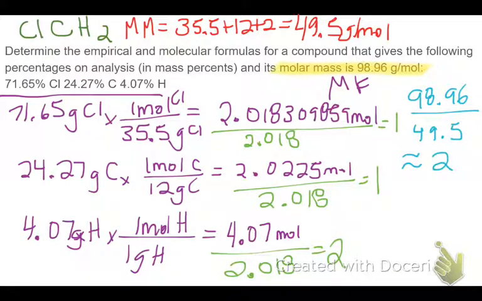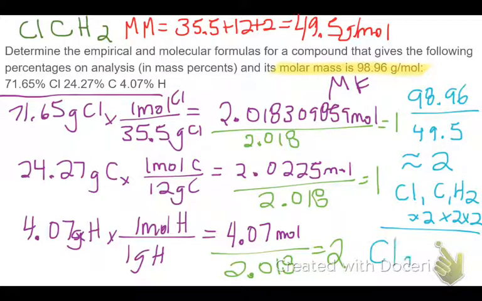So our multiple that we're going to multiply to the empirical formula is 2. So what does that look like? We have 1 chlorine, 1 carbon, 2 hydrogens. We're going to multiply it by 2 because that is our multiple in order to get from the simplest integral ratio to the actual formula. So our actual formula is 2 chlorines, 2 carbons, and 4 hydrogens.